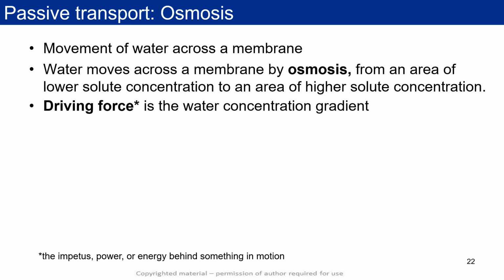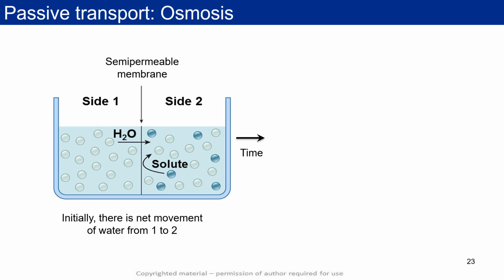Water moves from an area of low solute, or relatively high water concentration, to an area of high solute, or relatively low water concentration. The driving force for water movement is the water concentration gradient. Imagine a beaker of water divided by a semi-permeable membrane, like a cell membrane.